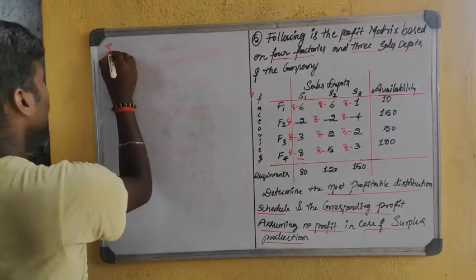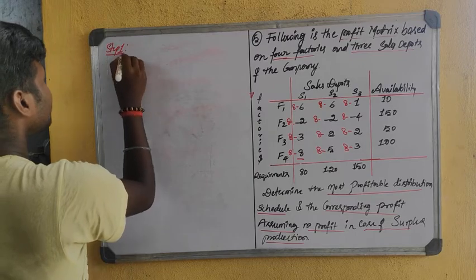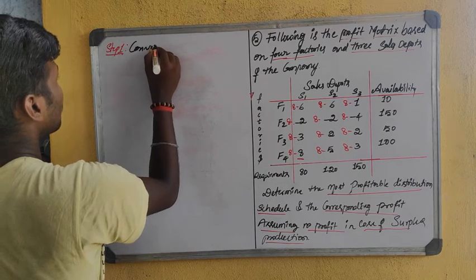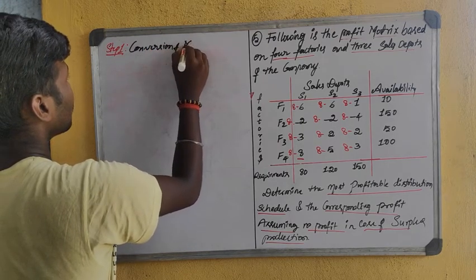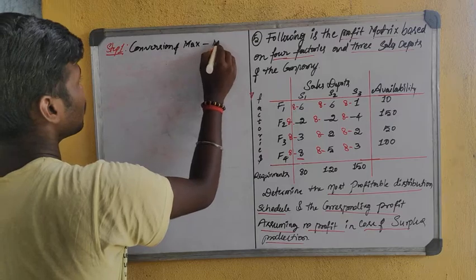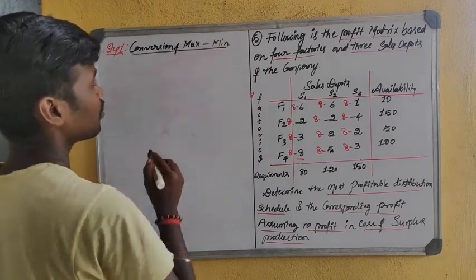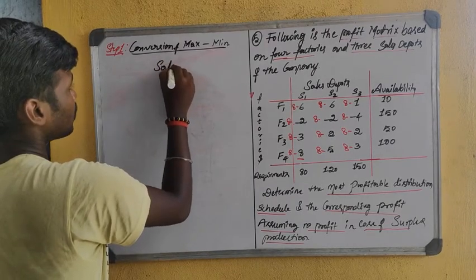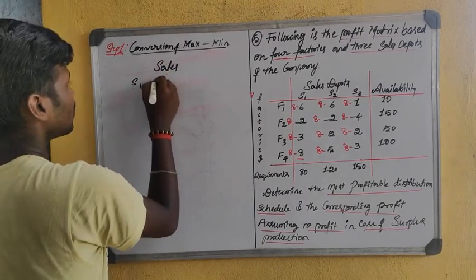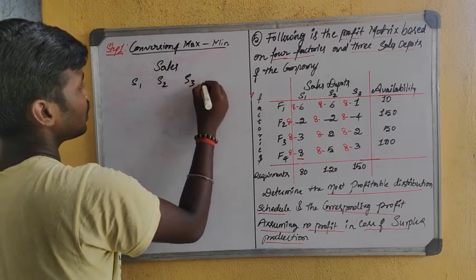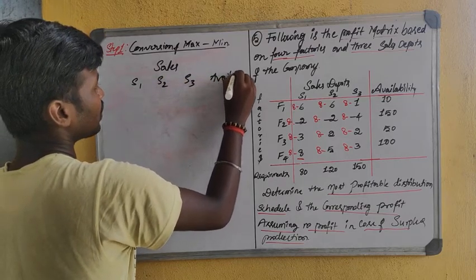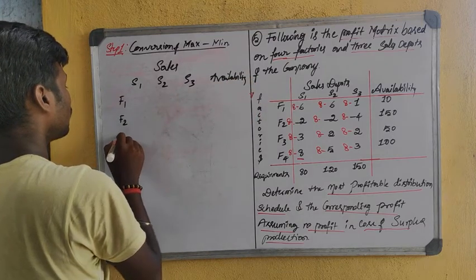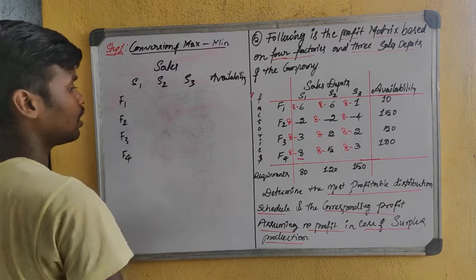Now we have to convert this maximization problem into a minimization problem. Step 1: conversion of the maximization problem into the minimization problem. Write down the table: sales S1, S2 and S3, and availability. Next, factory 1, factory 2, factory 3 and factory 4.